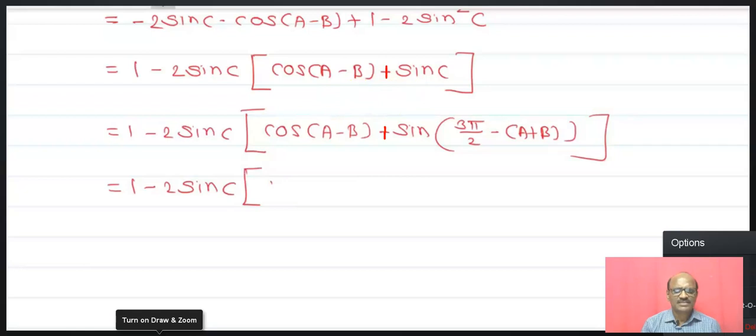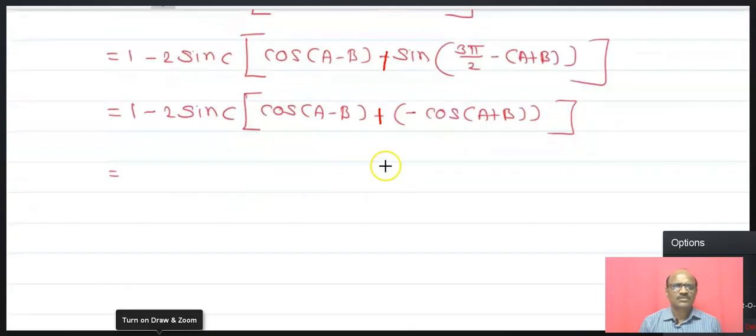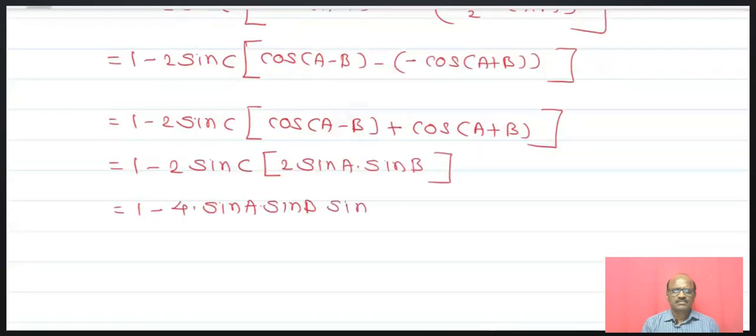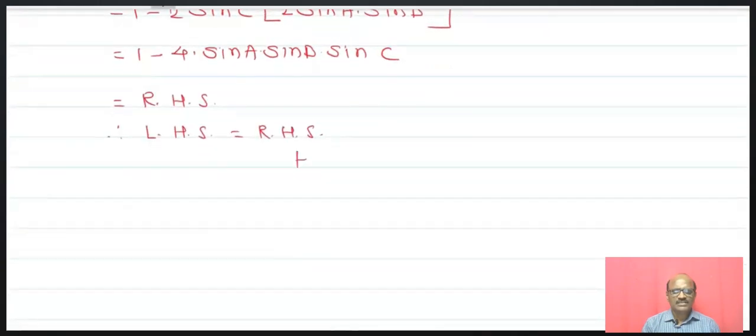Now the next one, I had changed the sign. This is the plus sign. And that's why LHS is equal to RHS. That is proved.